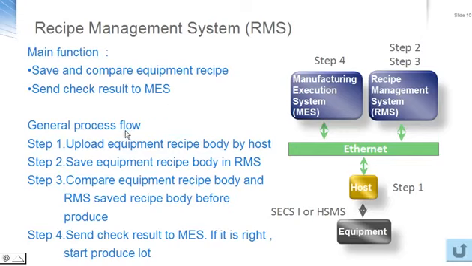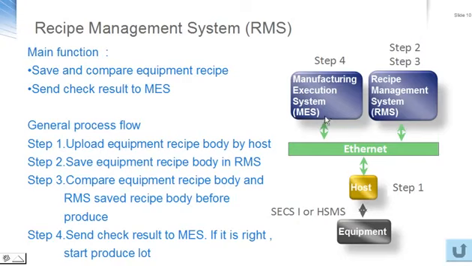The general process: step 1, upload equipment recipe body by host. Okay, we just upload the equipment recipe by the host to the RMS. Step 2, save the equipment recipe body in the RMS system. Step 3, compare equipment recipe bodies and RMS saved recipe body before production. And step 4, send check result to the MES.